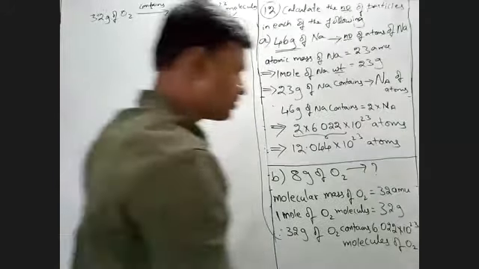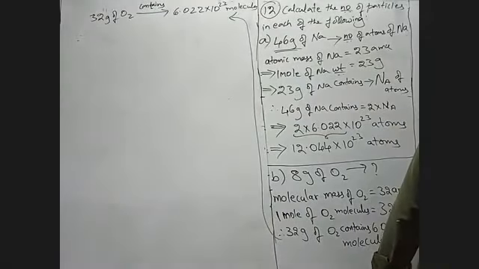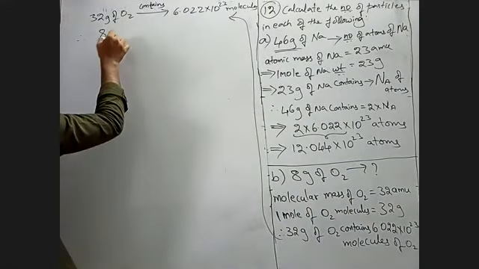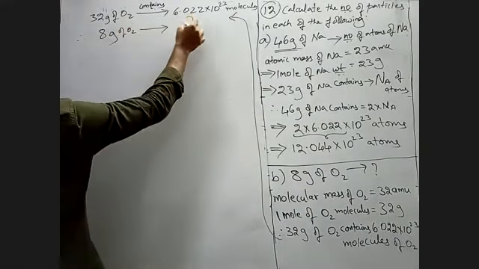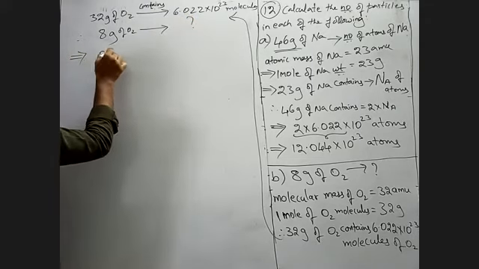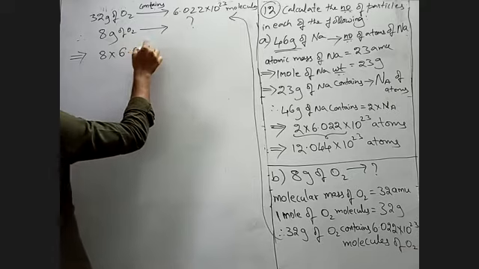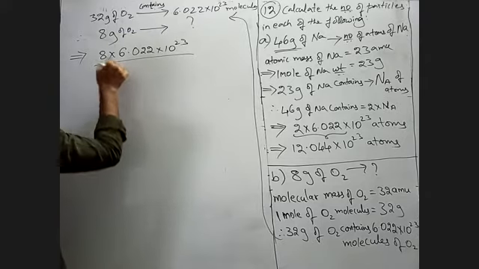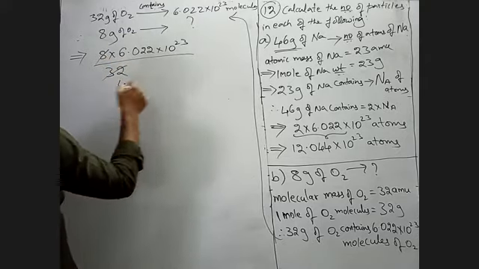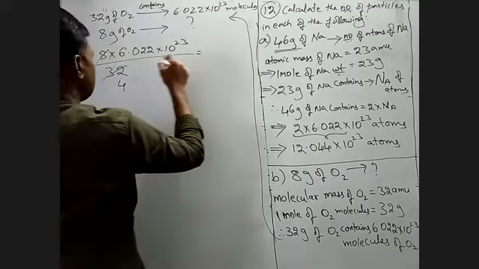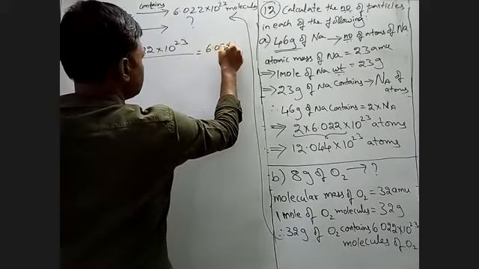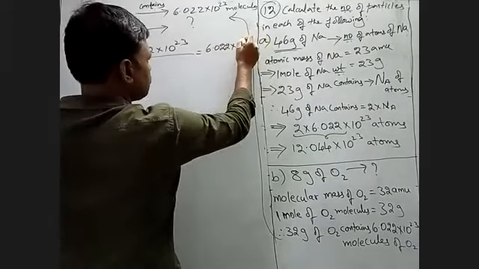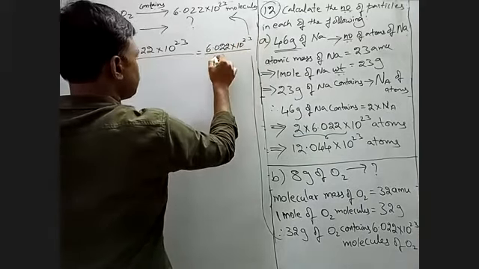Therefore, how much is asked for us? 8 gram. Therefore, 8 gram of O2 contains 8 into 6.022 into 10 power 23 divided by 32. It is 4 times 8, so that is equal to 6.022 into 10 power 23 divided by 4. Okay.